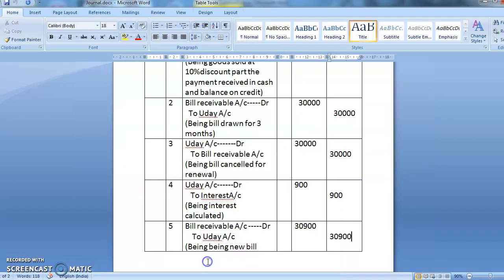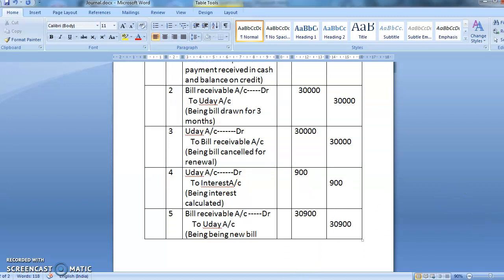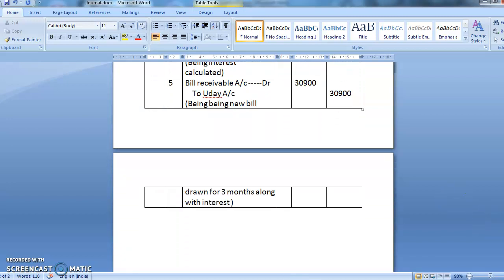Now see students, we have to do the totaling also. We are supposed to do the totaling of the journal. That totaling you will do as homework. Remember it.